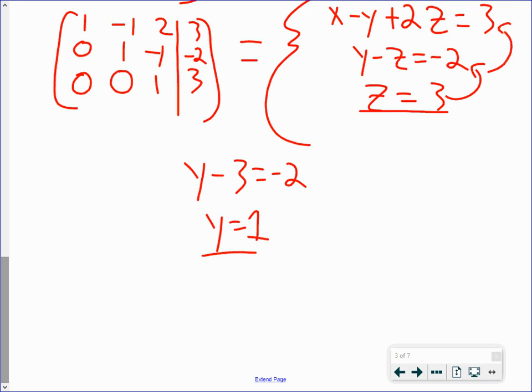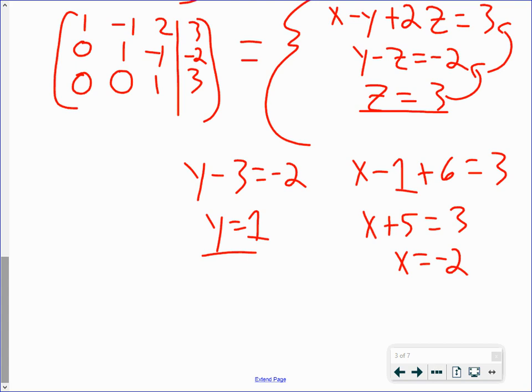So we have x minus our y, which we said is 1, plus 2 times our z, which is 3, or 2 times 3, or 6. And that equals 3. -1 plus 6 is +5. That equals 3, or x equals -2.